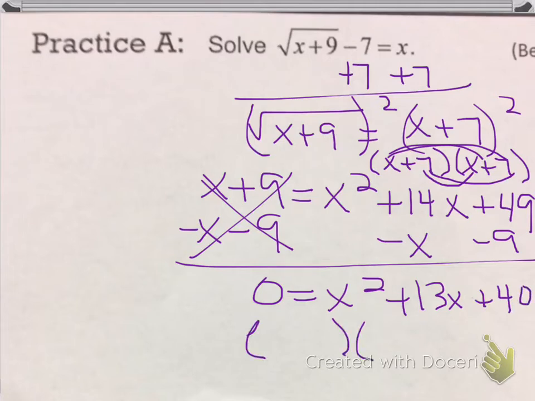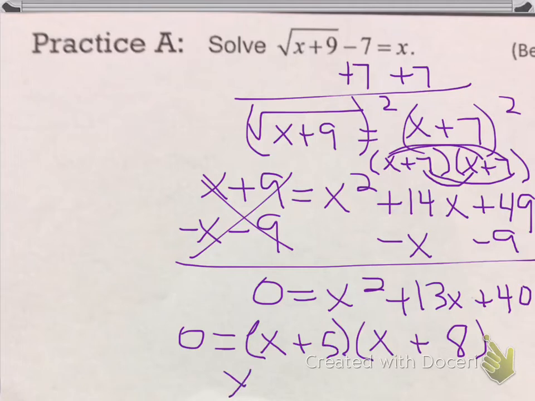So I'm looking for two numbers that will multiply to be 40 and add to be 13. That would be a positive 8 and a positive 5. When I bring those back out of my parentheses, I get x equals negative 5 and I get x equals negative 8.